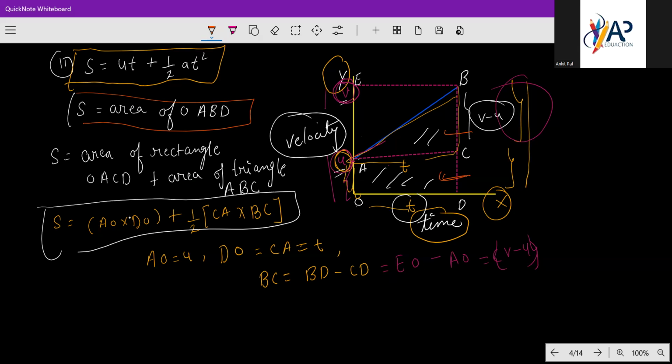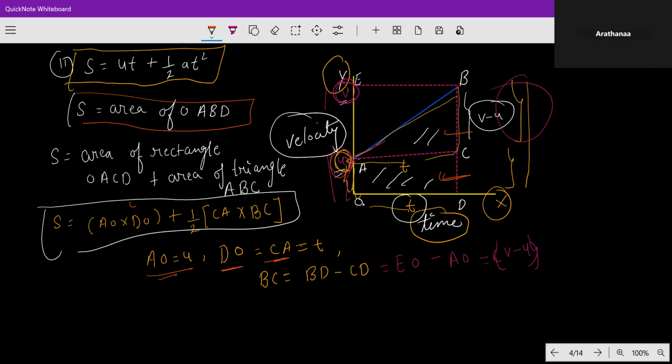After that we use the formula for the area of the triangle, which is half base into height. Base is CA, right? And height is VC, right? OA is u, and OD and AC are equal in length, right?